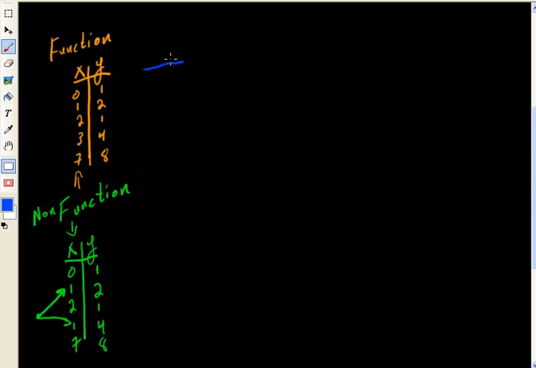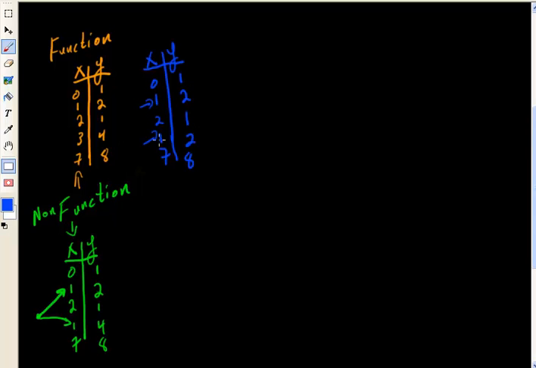Now the third example, which I'm going to write in blue, is still a function. Say I have a repeating x value, like 0, 1, 2, 1, and 7 again, but had the numbers been the same, so if I have 1 and 2 again, these two numbers right here, even though I have a repeating x value, they have the same y value.